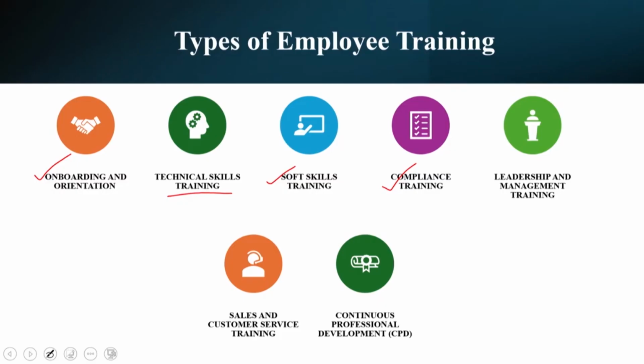Then you have leadership and management training, more on the soft skills side, which prepares employees for leadership roles by developing their strategic thinking, decision-making abilities, and managerial skills. You also have sales and customer service training, which enhances skills related to customer interactions, sales techniques, and relationship building to improve customer satisfaction and drive business growth.